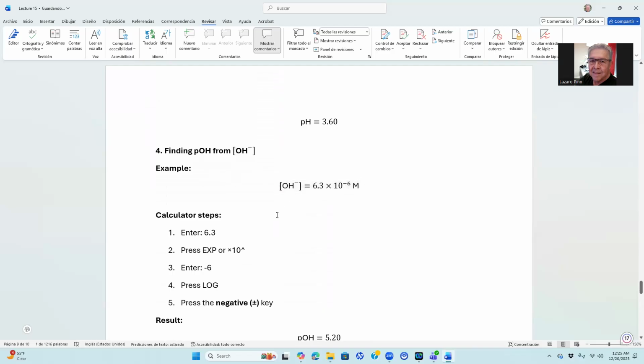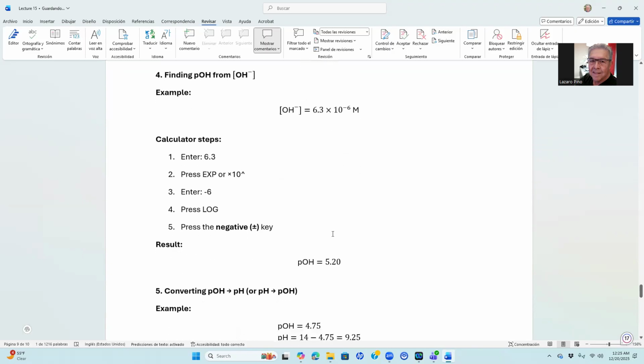Then you apply the log of the concentration of OH, and you get the pOH. In this case, it is 5.20. These are the steps that you can follow in order to use the calculator in this kind of calculation.